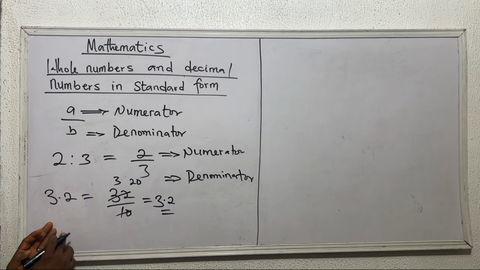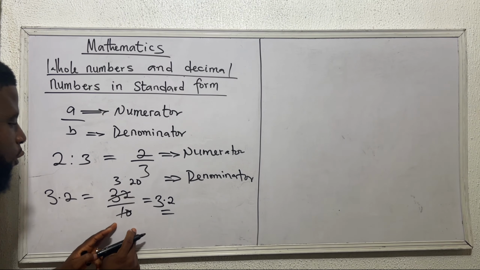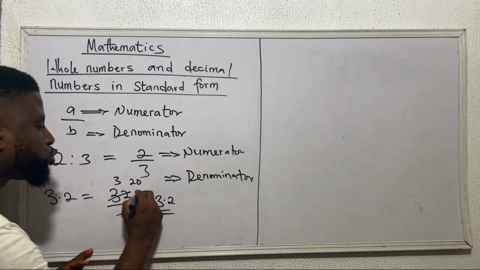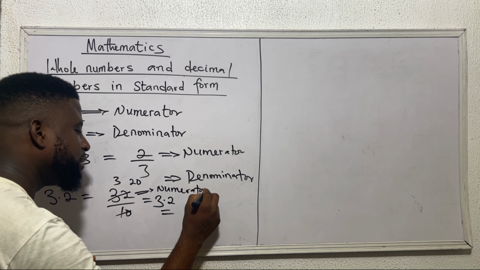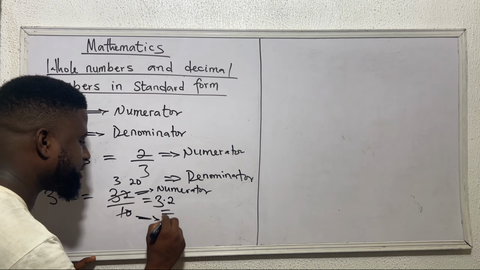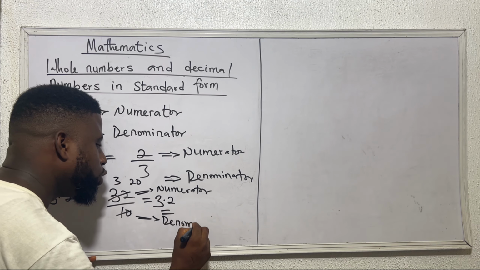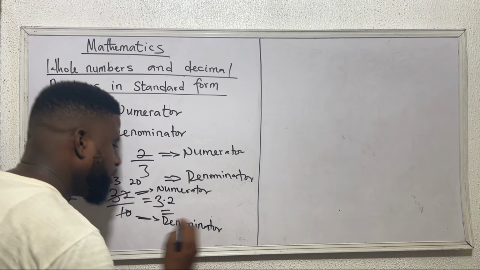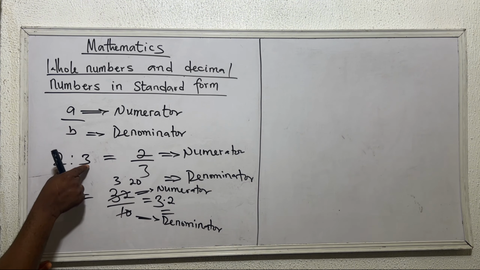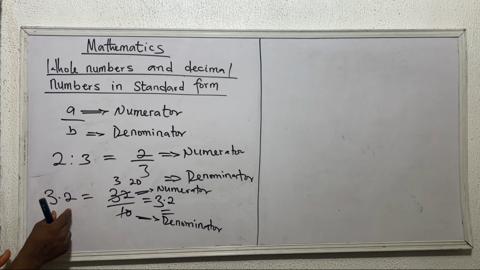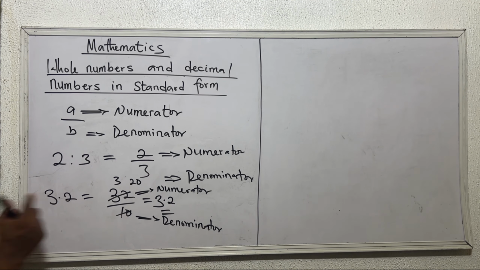So 3.2 is the same thing as 32 over 10, where 32 is the numerator, right? And then 10 is the denominator. So fractional numbers can either be expressed in form of ratio or can be expressed in form of decimal.